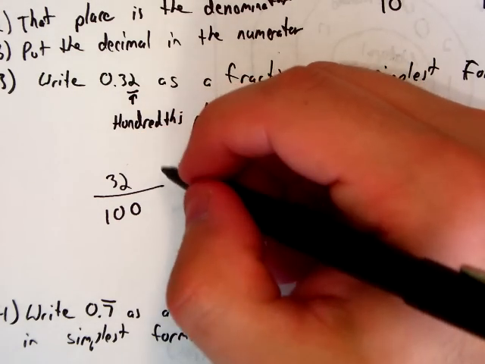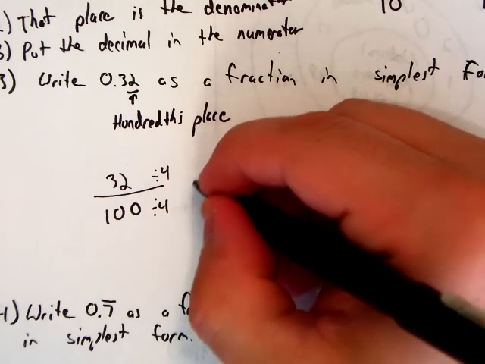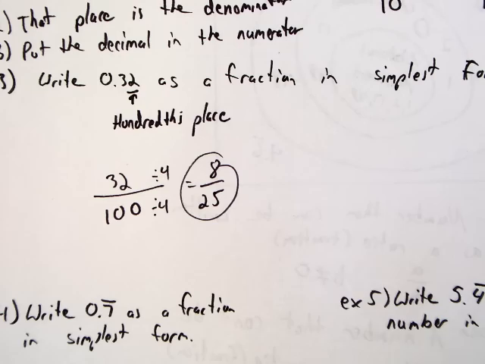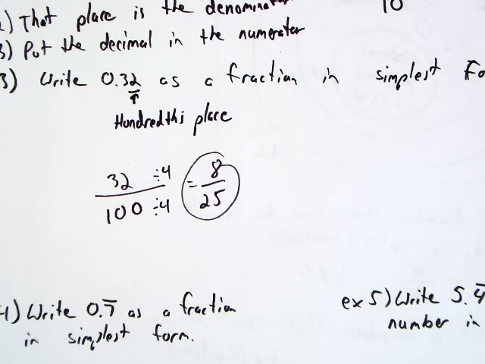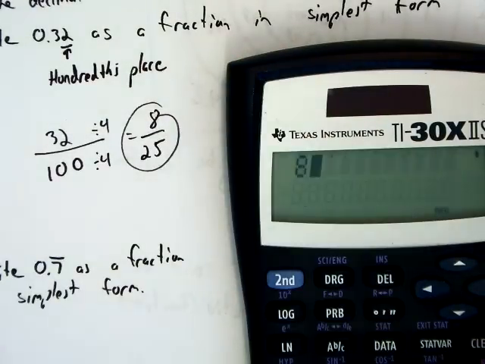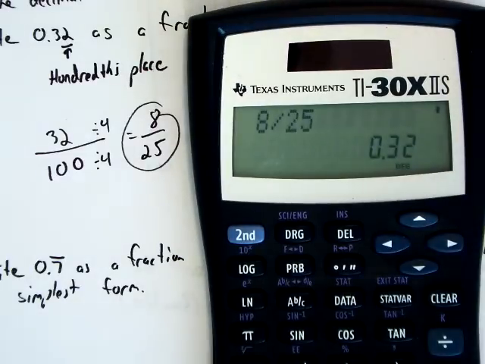And again, there's a common factor of 4 between these two numbers. So I'd have 8 over 25. Now, what I could do to check that work is use my calculator. 8 divided by 25 gets me 0.32. And that's how I would check my work to see that I did it correctly.